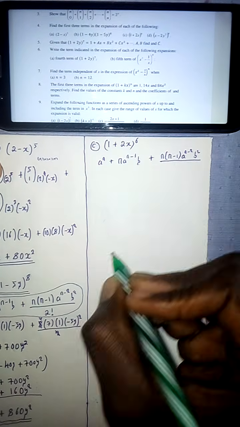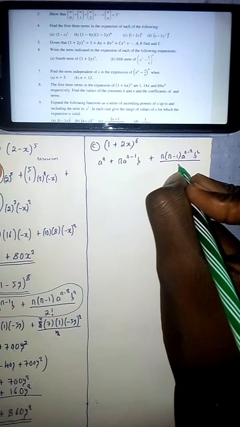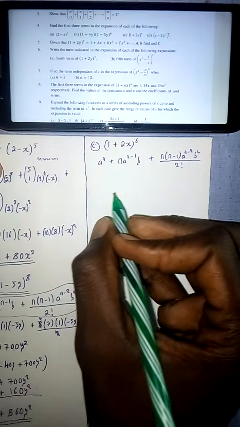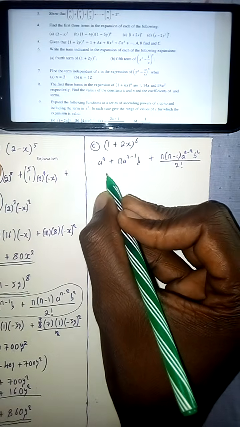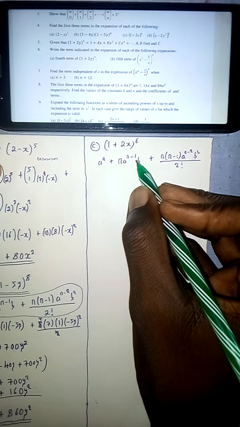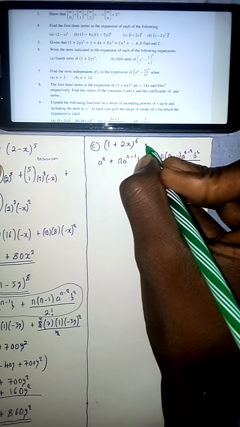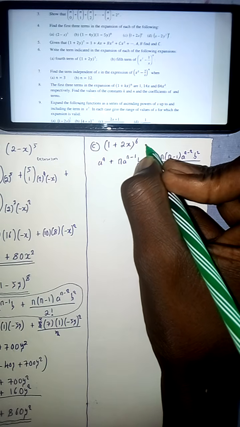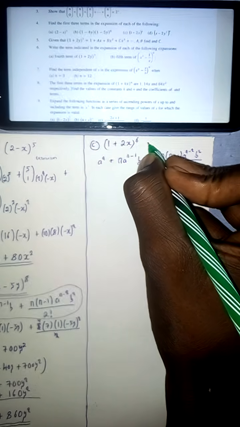So 2 factorial is equal to 2. If you want, you can put factorial, it's still fine. Then it's all about replacing. We know the format from which this is coming.